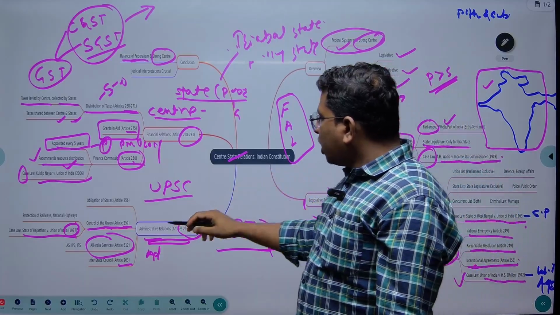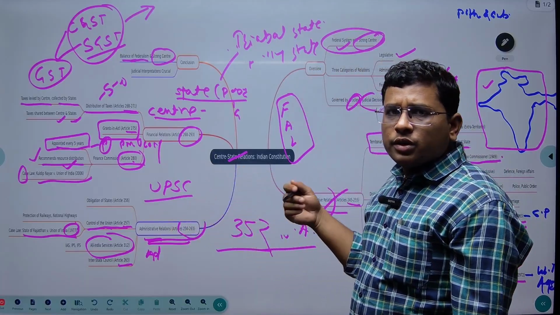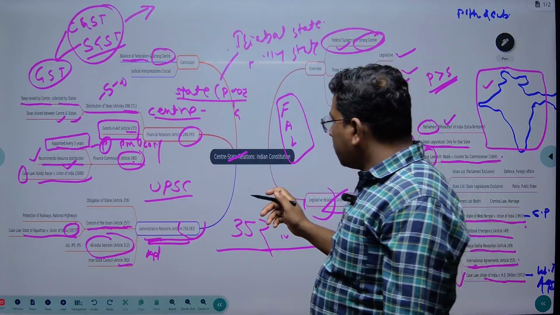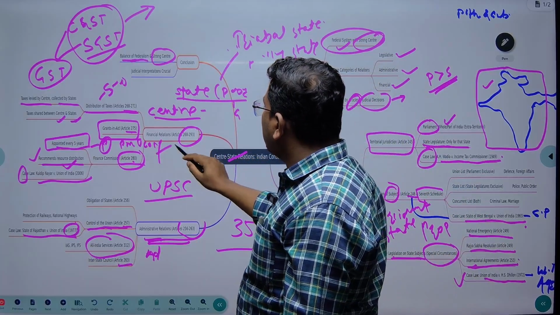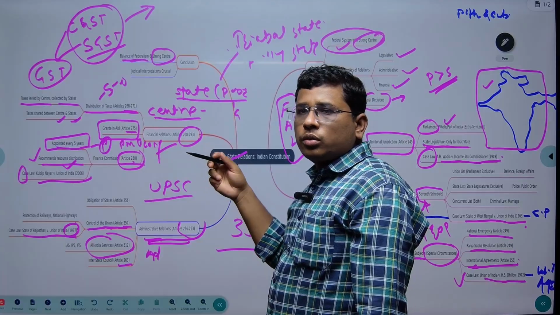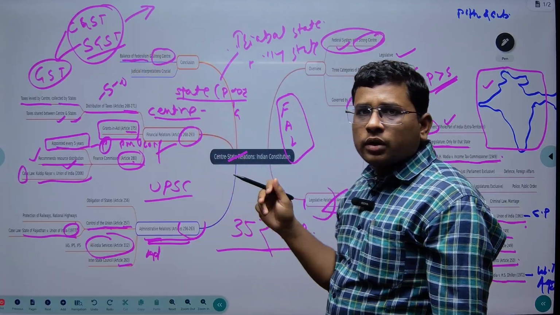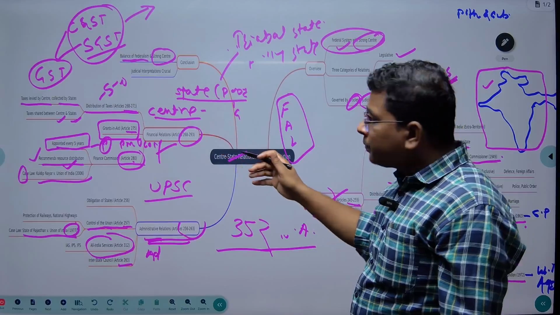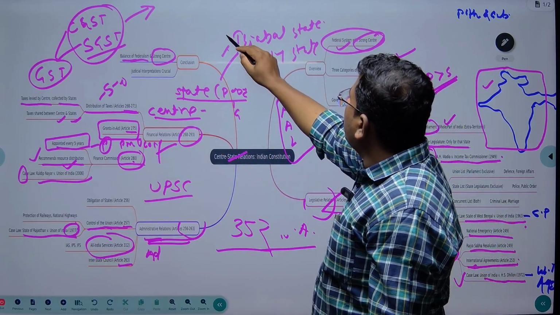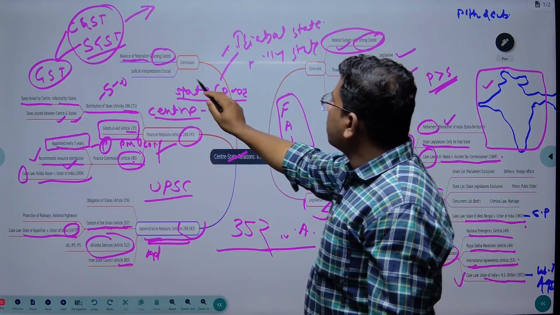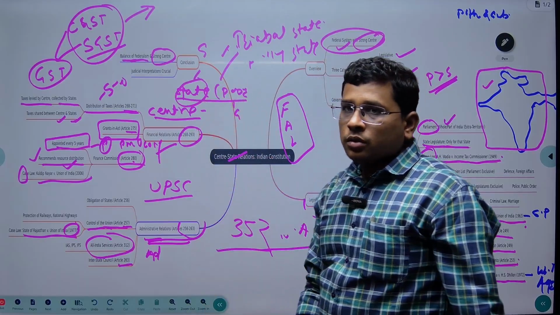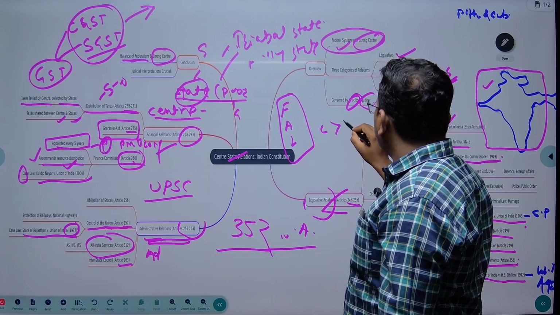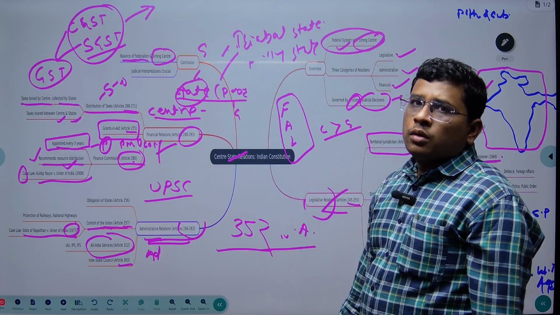In administrative relation, the center's direction or recommendation is mandatory to make laws on the state list, right? And in financial relation, more power lies with the center, because they levy the taxes and collect tax from the states, and they distribute the tax to tribal or hilly areas, that is poor states. So here is more power to the center than the states, right?